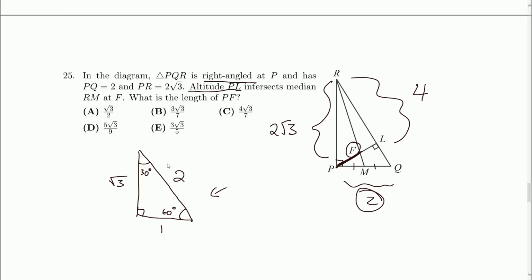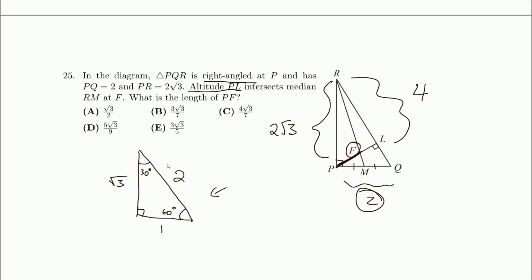Yeah, they're all fractions of root 3, so they're all definitely less than root 3. So, for example, if I knew that FL was 3/7 root 3, I'd be looking at C here. So, fractions of root 3.